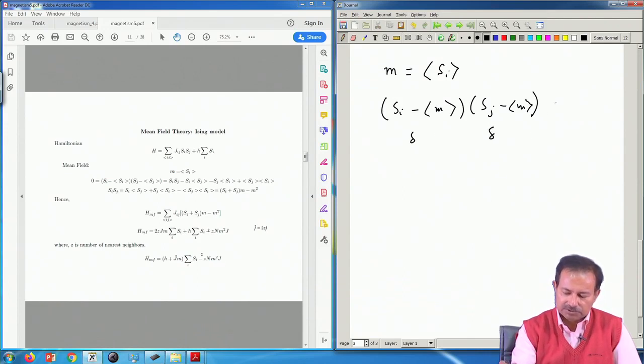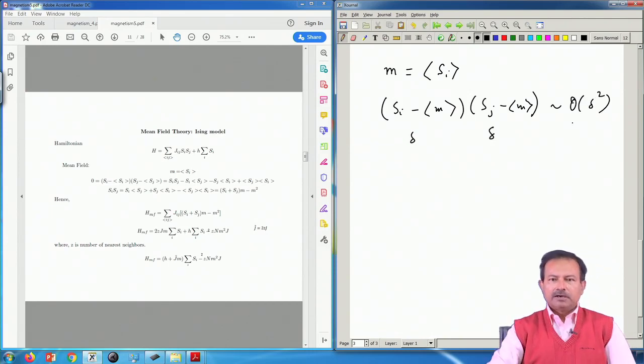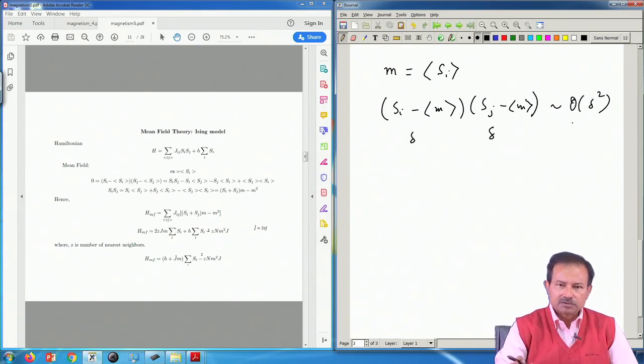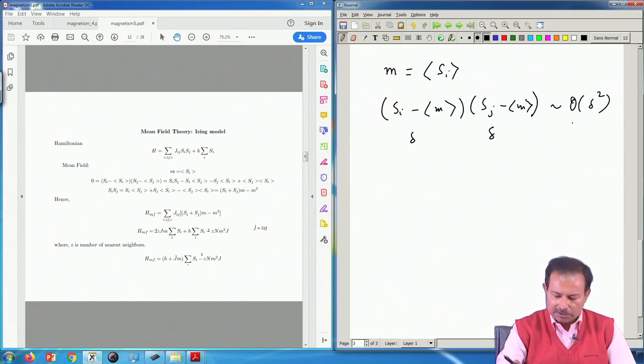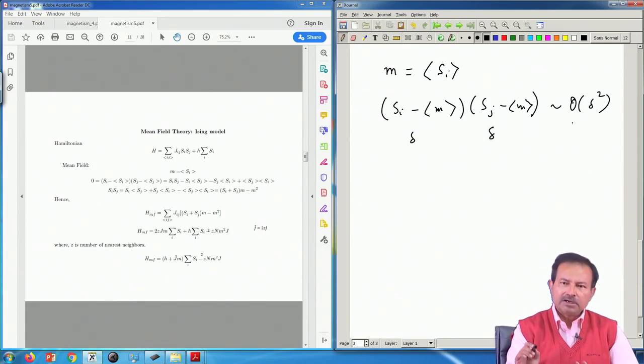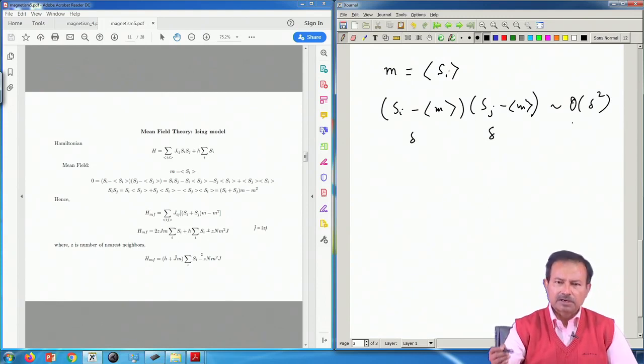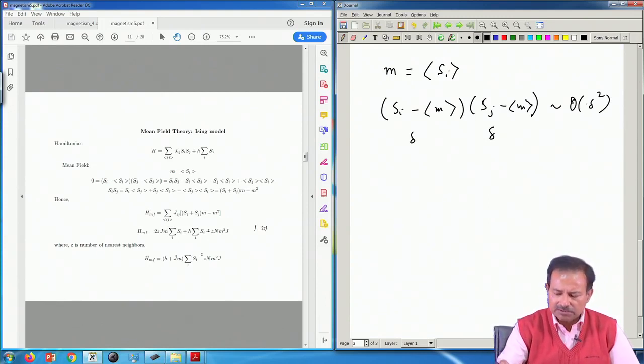So, this thing is of the order of delta square, and presumably it is a very small quantity unless your temperature is very large, and in different models this has different values, but ideally if you are at low temperatures, these fluctuations are small, and you can neglect terms of order delta square.